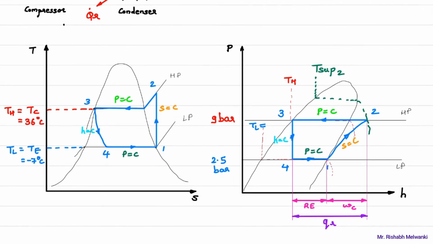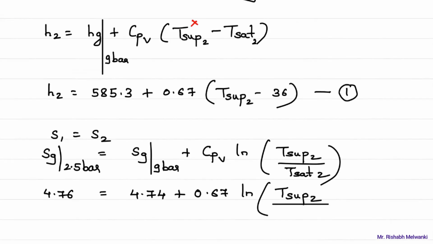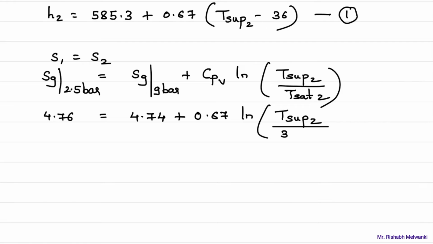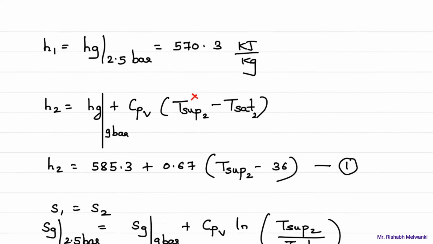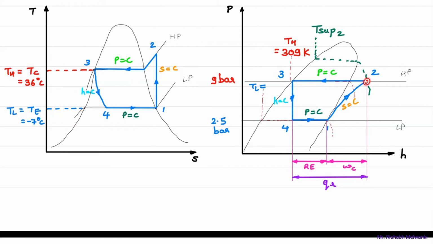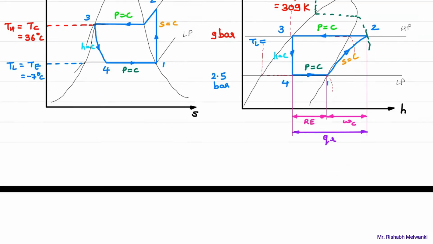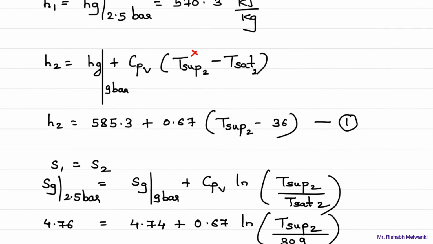So 36 plus 273 gives 309 Kelvin. So we just have to substitute the value over here, 309. The only unknown in this equation is T sub 2, the temperature of point 2. Once we find T sub 2, we substitute in this equation and find H2.